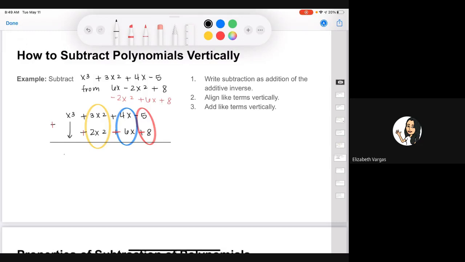So x cubed, there's nothing to add to x cubed, so I'm just dropping it down. Now I have 3x plus 2x, which is 5x. Now I have 4x plus negative 6x, negative 2x. Now I have negative 5 plus negative 8, negative 13.